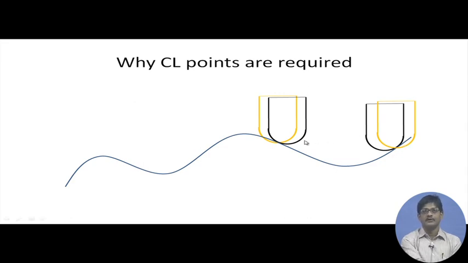So, the cutter position has to be such that it should be tangential to the surface at the cutter contact point. If we have to position the cutter tangentially, this is the only possible position, a circle tangent or touching to this particular point on the surface.